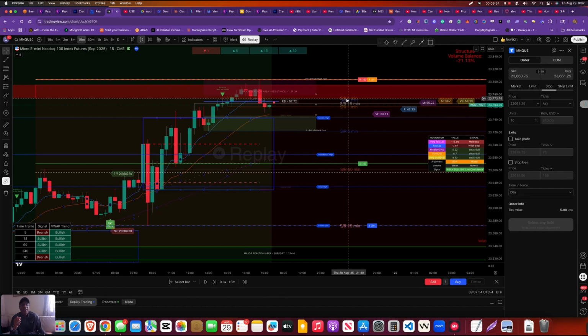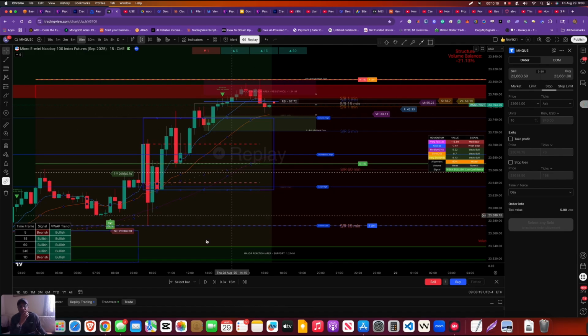When you see a whole bunch of walls together like this, like the 1 minute wall, the 5 minute wall, the 15 minute wall, all bunched together so close, it can bounce between those walls constantly for a while before it gets enough energy to break through either up or down.